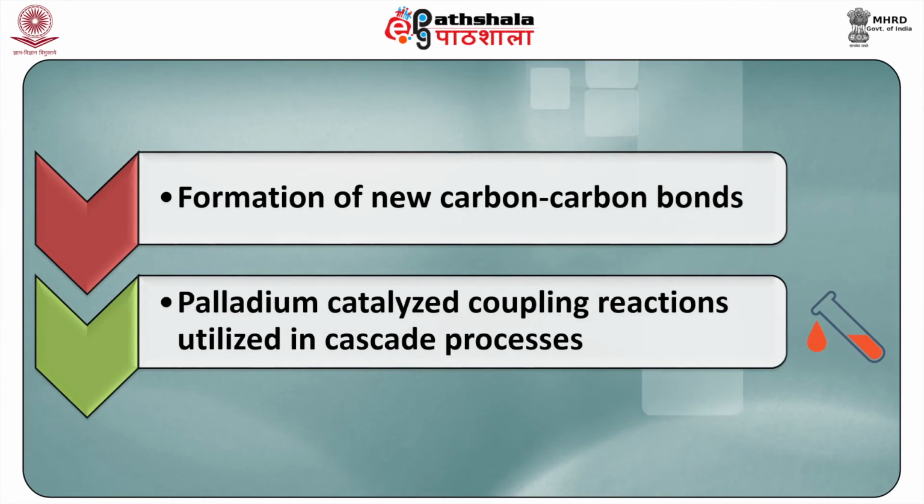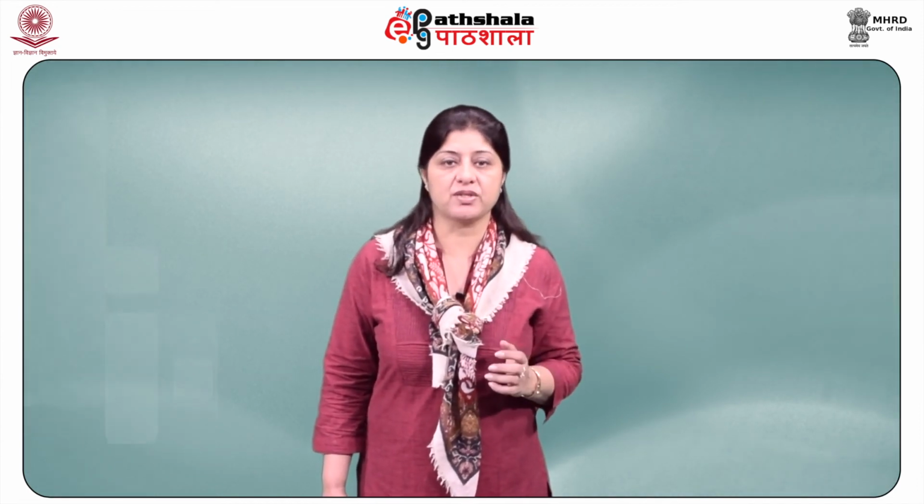stereoselective synthesis of bicyclic gamma lactams has been developed by tandem process. New methods have been developed for formation of new carbon-carbon bonds, for example, palladium-catalyzed coupling reactions utilized in the cascade processes. Metathesis reactions also play a very important role in organic synthesis in addition to the palladium-catalyzed coupling reactions.